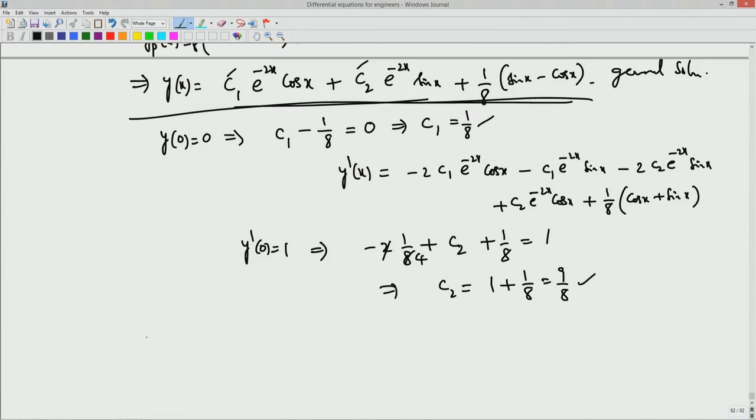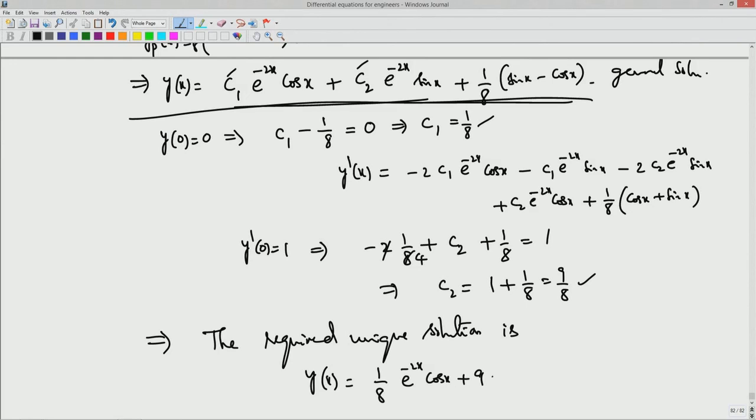So, this gives the required unique solution. You are fixing C1 and C2, that means you are given initial values, an initial value problem, because for the linear equation the solution is unique.